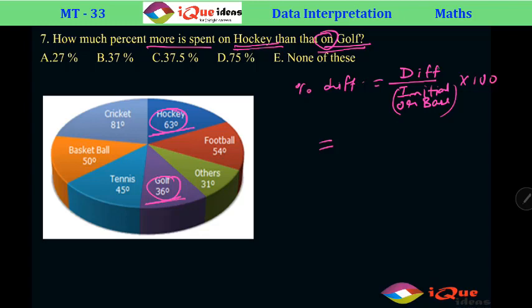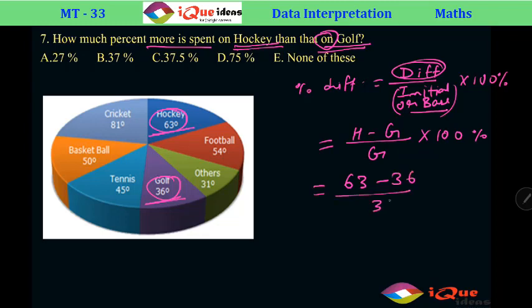How? Let's see. The difference will be, hockey is more. So hockey minus golf divided by the base is golf, because it is on golf, into 100. Just use the values directly, the degree values directly. That will give us the answer. Right? So hockey is 63 degree, golf is 36 degree, divide by golf 36 degree into 100. Now 63 minus 36 is 27 by 36 into 100.